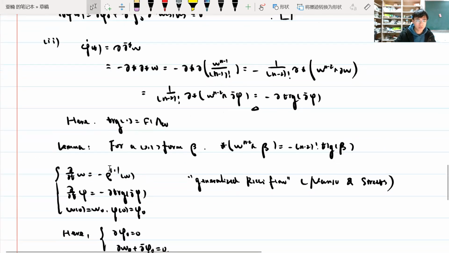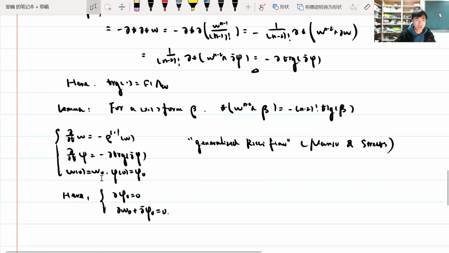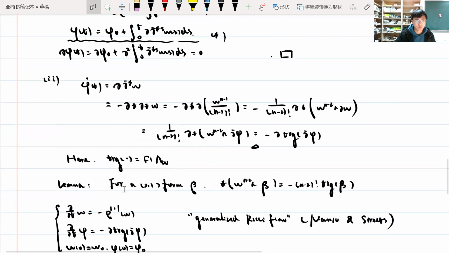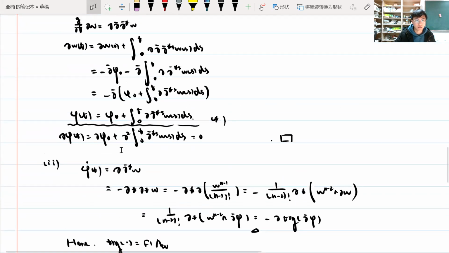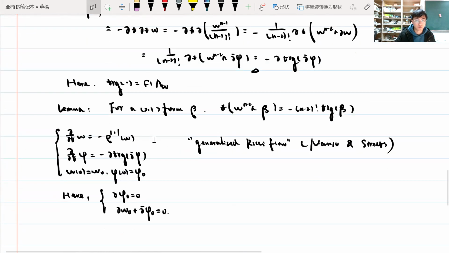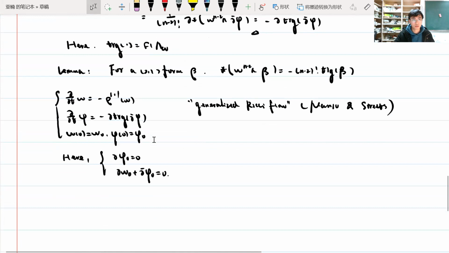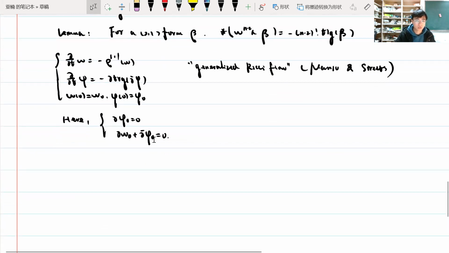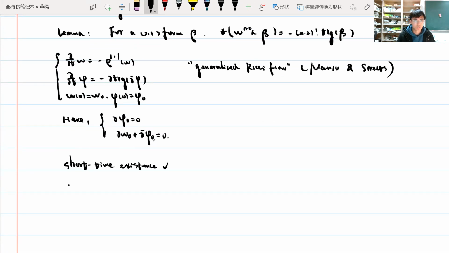Yeah, we have shown that this equation has a solution in short time because the phi can be defined like this, and the first equation is just a closed flow, so it has short time existence. And we need to prove the uniqueness of the solution.